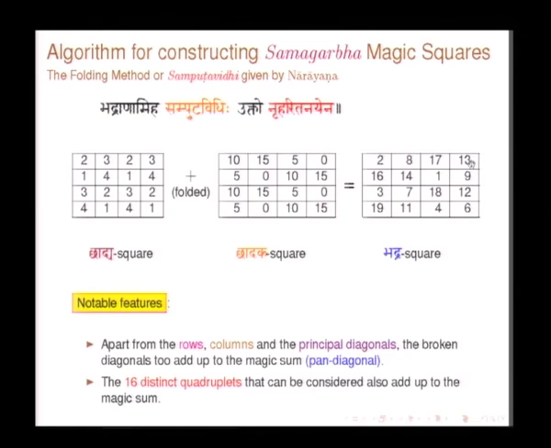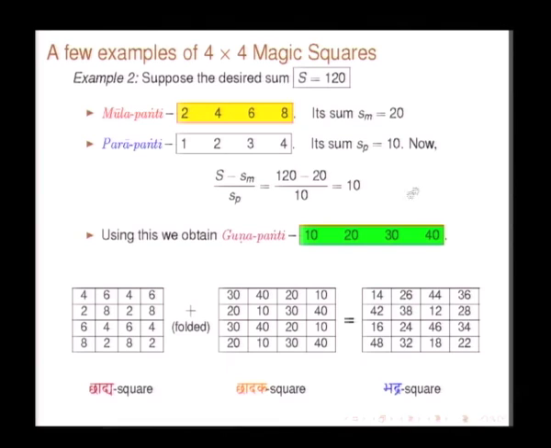So, 2, 19, 6 and 13 also sum up to 40. So, this is the kind of prescription which has been given by Nārāyana to get a pan diagonal square of dimension 4 by 4. Okay.